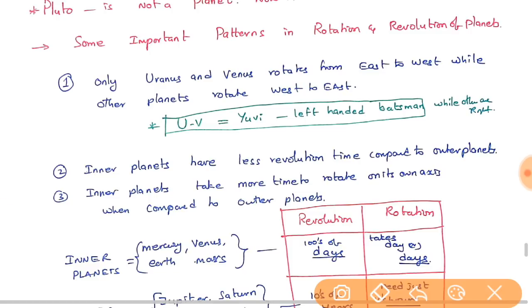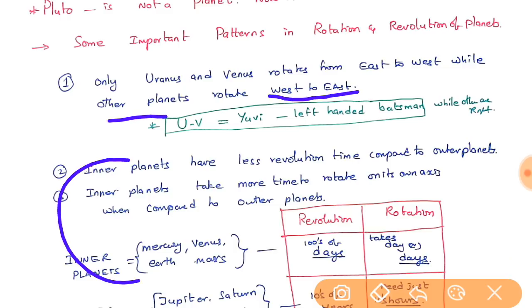Another important pattern in rotation and revolution which you have to remember is that out of the 8 planets, only Uranus and Venus rotate from east to west, while the other planets rotate from west to east, friends.